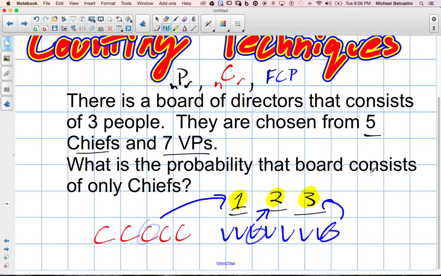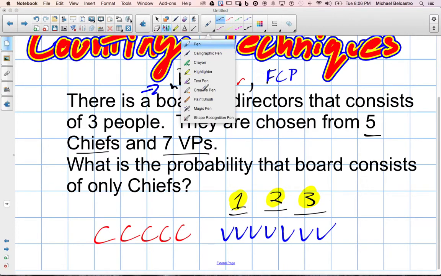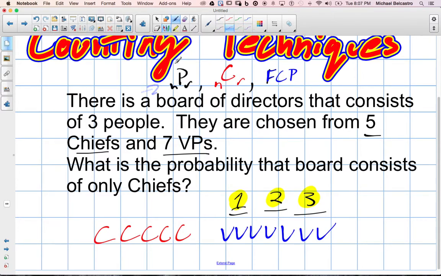What's the probability that the board consists only of chiefs? So are we talking about permutations, combinations, or the fundamental counting principle? A permutation is when the order matters. Think of it like we actually have names for the chiefs: chief 1, 2, 3, 4, and 5.